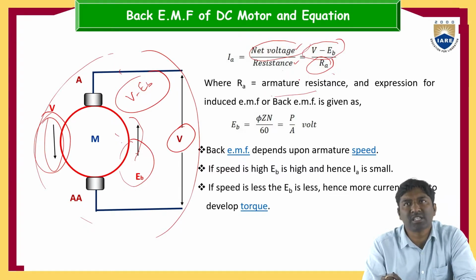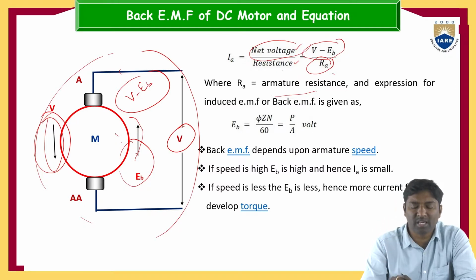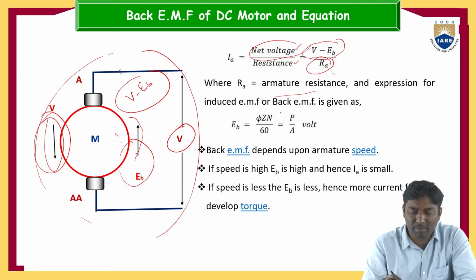The induced EMF or back EMF is given by, according to the EMF equation of the DC generator, E is equal to P phi N Z divided by 60 A. Here EB is equal to the same, P phi N Z by 60 A.